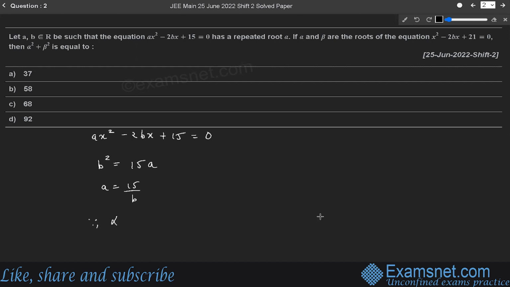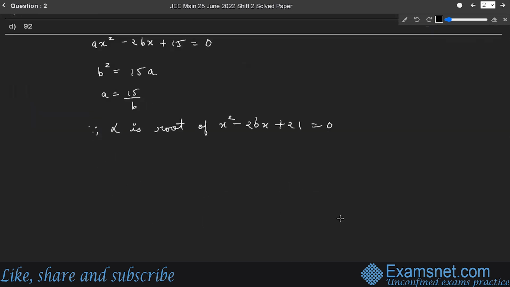Since we know that α is a root of x² − 2bx + 21 = 0, therefore we can say that 225/b² will be equal to 9, or b² will be equal to 25.